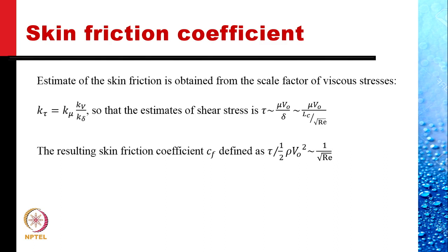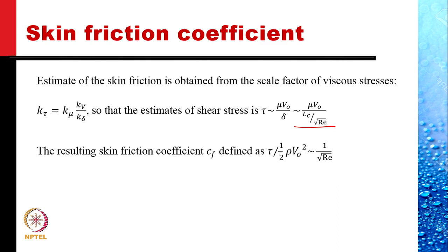Let's estimate the skin friction coefficient from the scale factors of various stresses. The scale factor for skin friction, that is K tau, would be K mu times K v by K delta. The velocity gradient with the length taken as delta, so that an estimate of shear stress is mu V naught by L times square root of Reynolds number, by plugging in the value of delta that we obtained.